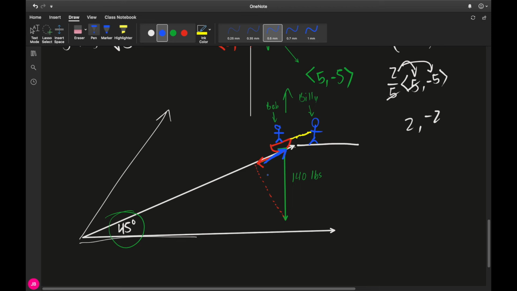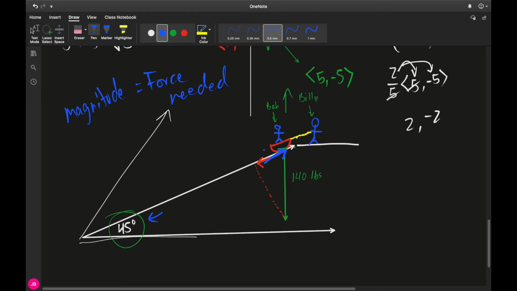What matters about this vector is the angle. That's where the angle is going to come from. And the reason that the magnitude doesn't matter is because the magnitude, which is going to be the force needed, is going to come from the red vector, right?